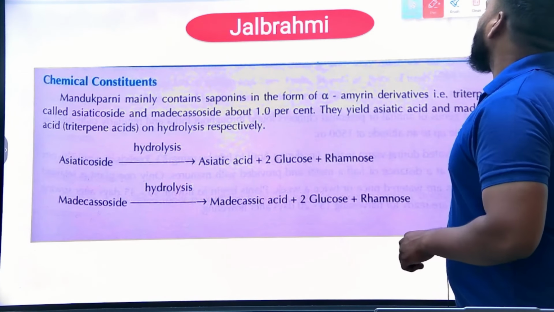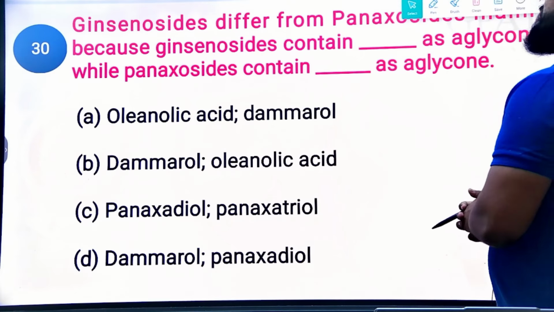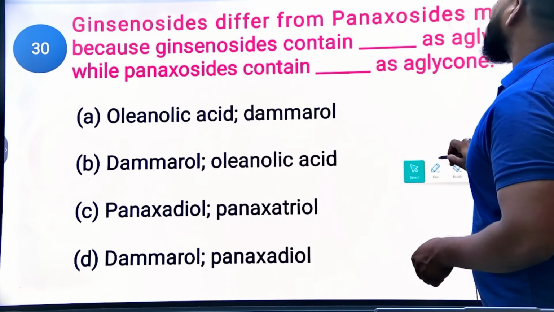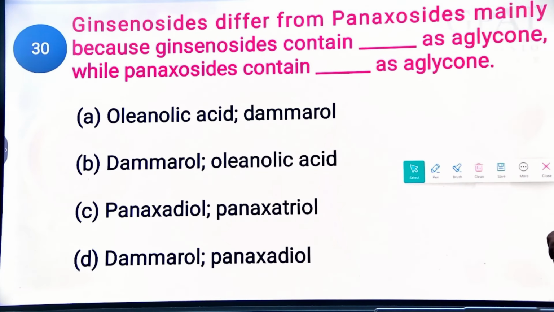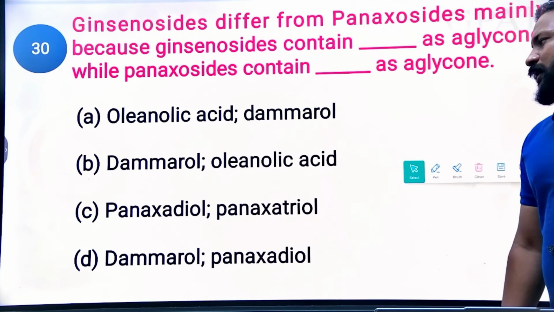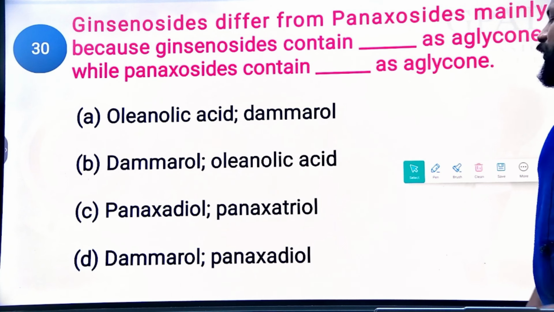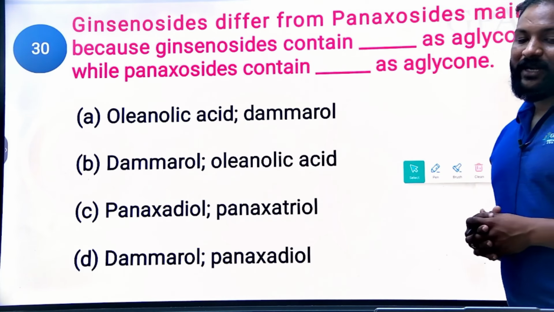Moving to the next, the 13th question. Ginsenosides differ from the panaxosides mainly because ginsenosides contain which one as the glycone part, while panaxosides contain which one? Options include oleanolic acid and dammarol, and panaxadiol and panaxatriol.